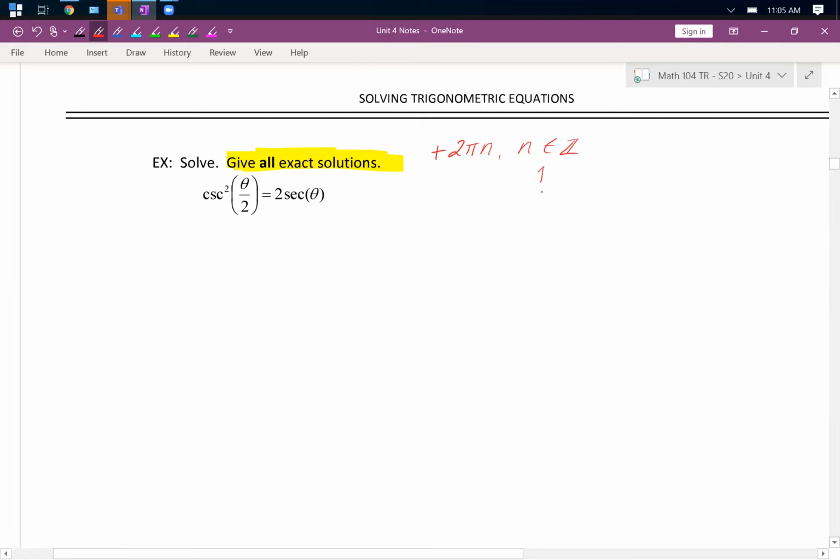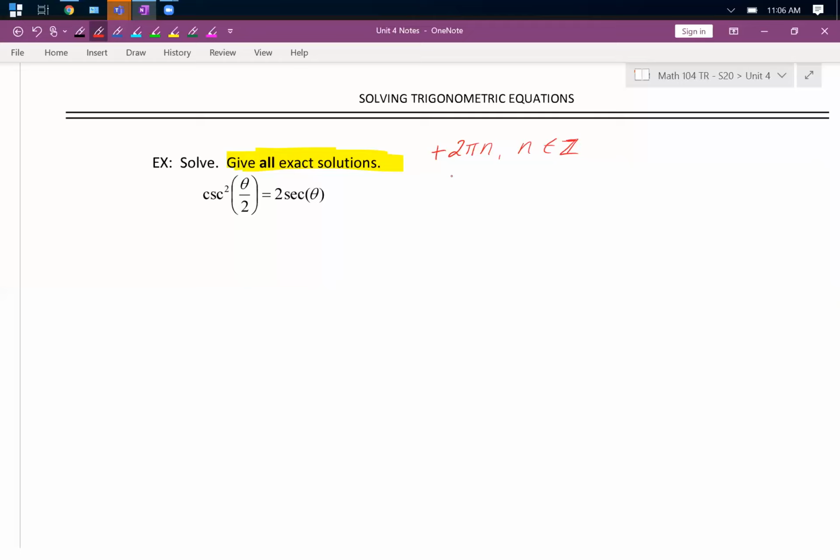This little weird looking e means "is an element of," and that bold-faced Z is our shorthand for integers, just like we have bold-faced R for all real numbers. If n is an integer and we multiply it by 2 pi, we get multiples of 2 pi: 2 pi, 4 pi, 6 pi, and that's what gives us the coterminal angles.